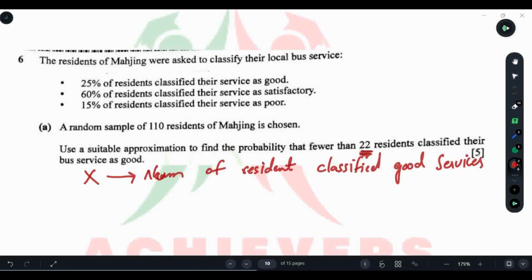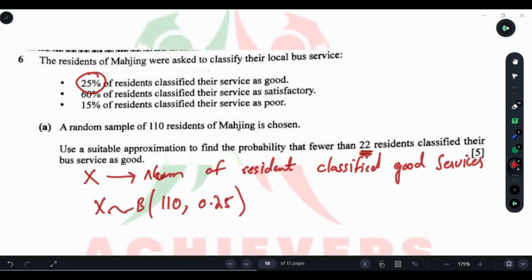Now x is the random variable, and the total sample n is 110 and the probability of success is 25%, which means 0.25.